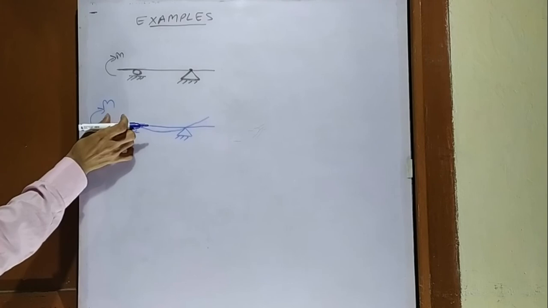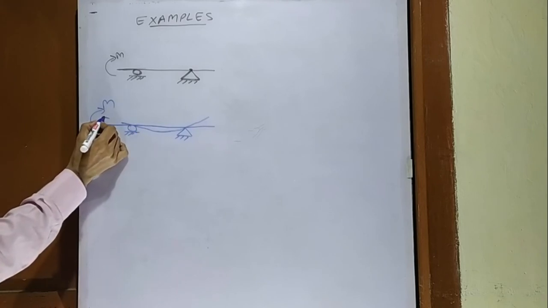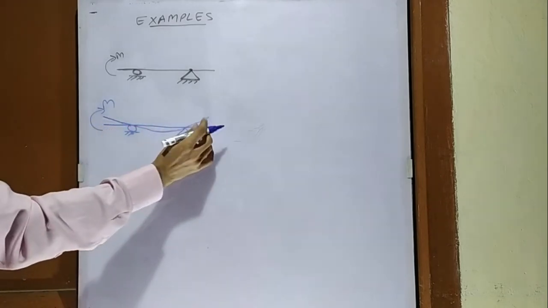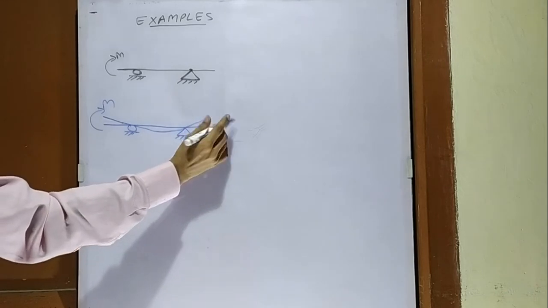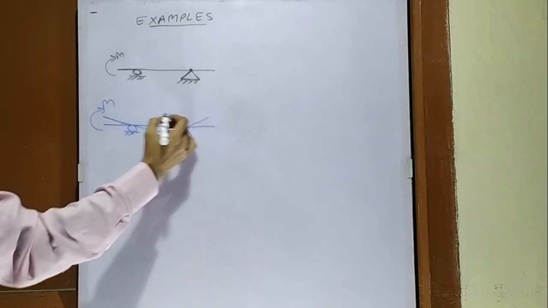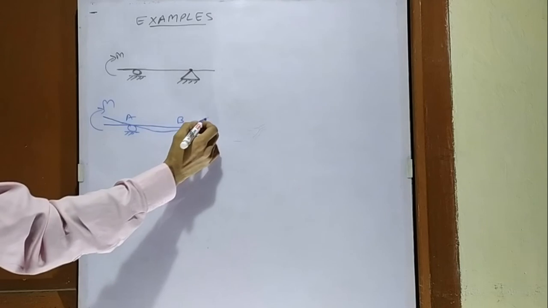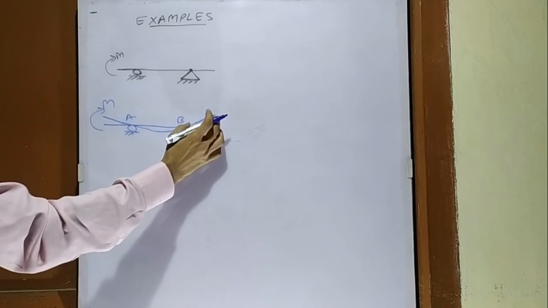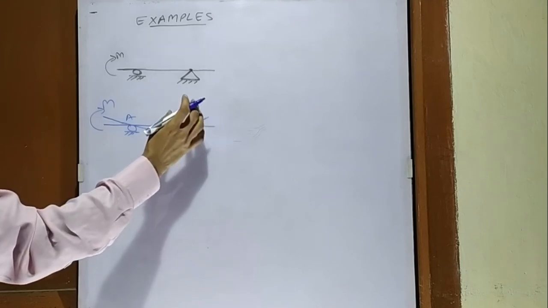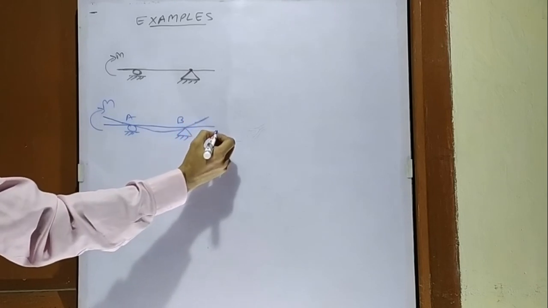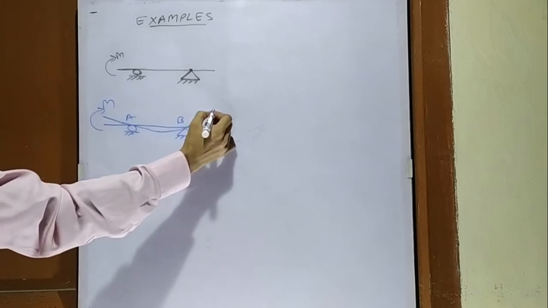But after here the beam will bend, but at or after the pin support, the beam shape will remain as it was before bending. Let's say this is C and this is C dash.